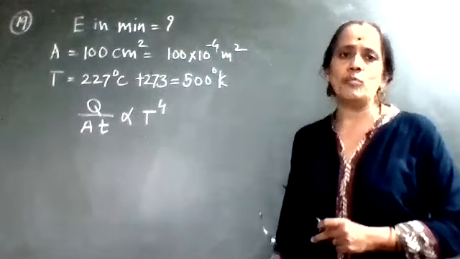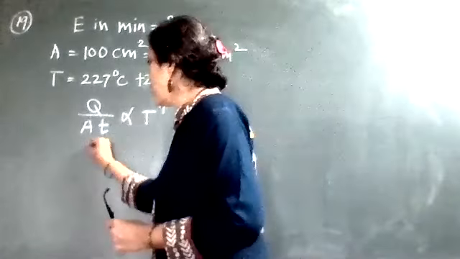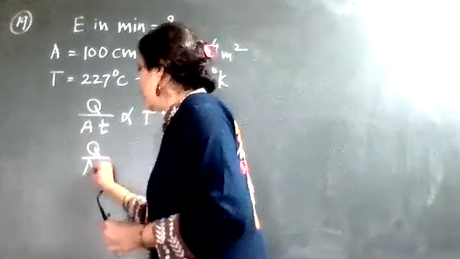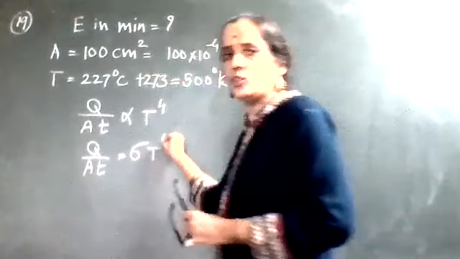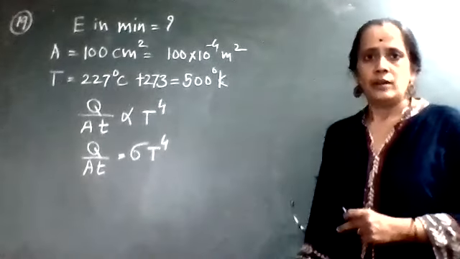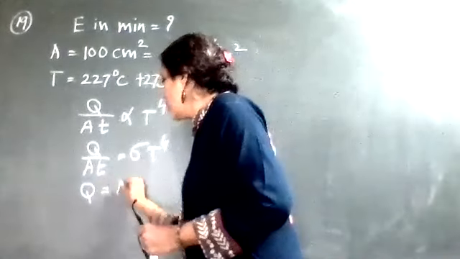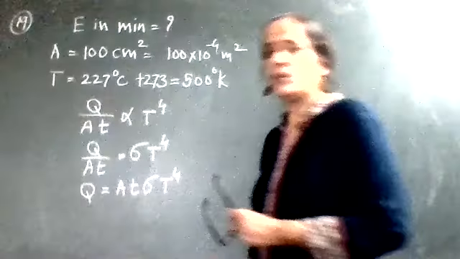This is nothing but your Boltzmann law. In that, this proportionality constant, what I want to calculate? Energy radiated per unit area per unit time can be written as sigma into T raised to 4. Is it okay? So I will say energy Q is equal to A t sigma T raised to 4.